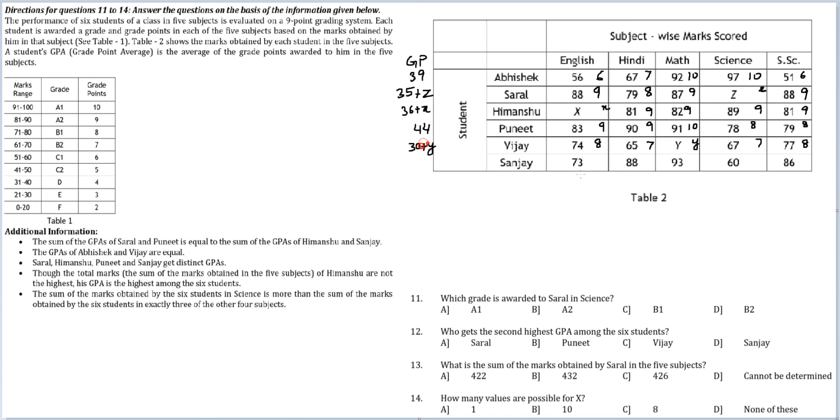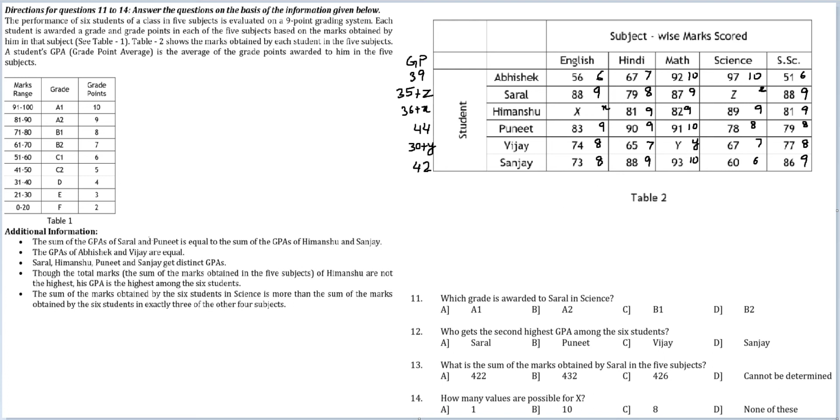And for Sanjay, it is 8, and 9, and 10, 60 is how much? 6, 6, and 9, okay. So 8 plus 9 is 17, 17 plus 15 is 32, 32 plus 10 is 42. So you have 42 here for Sanjay. Okay, this much is known to us. Let's work.